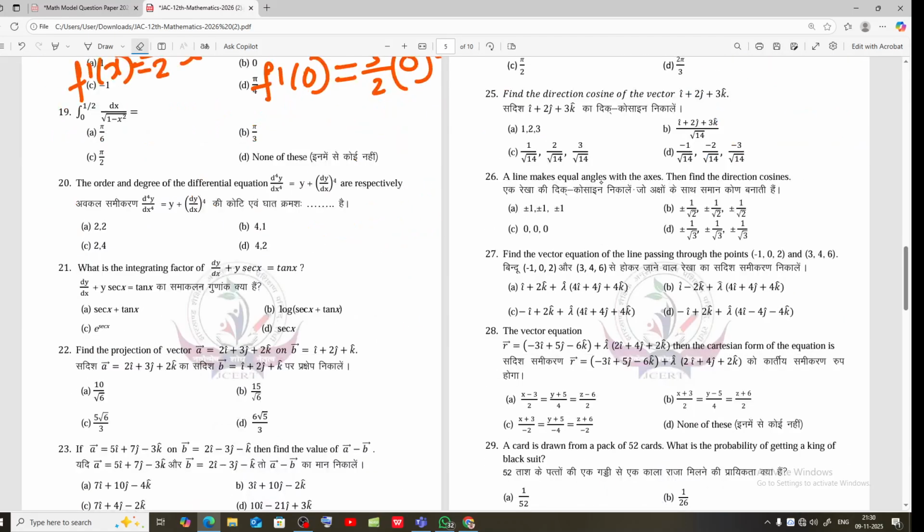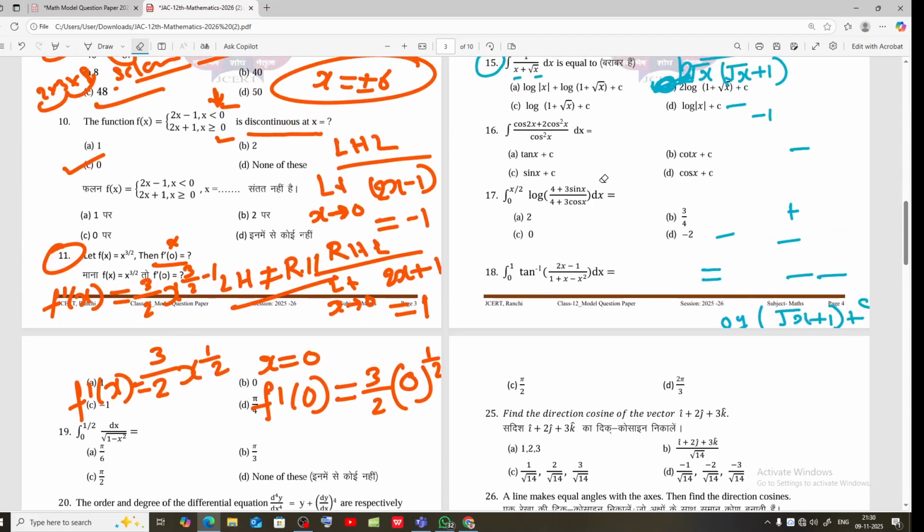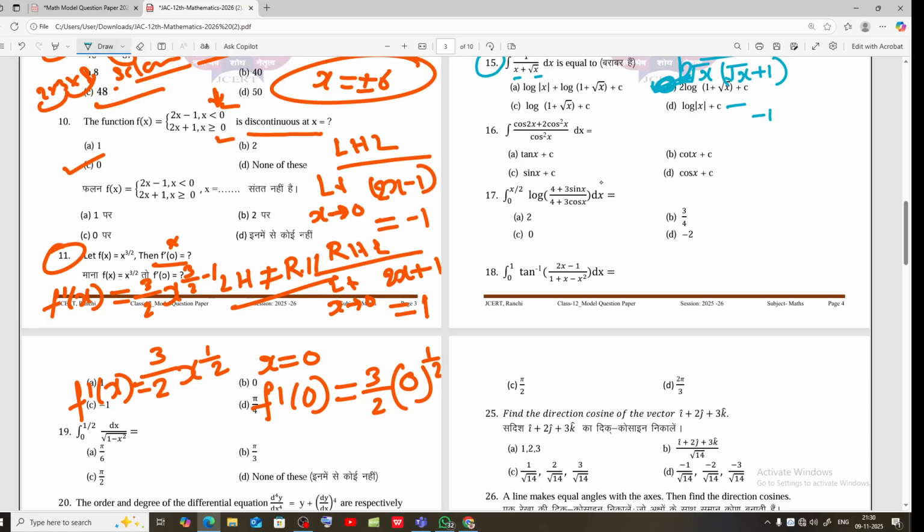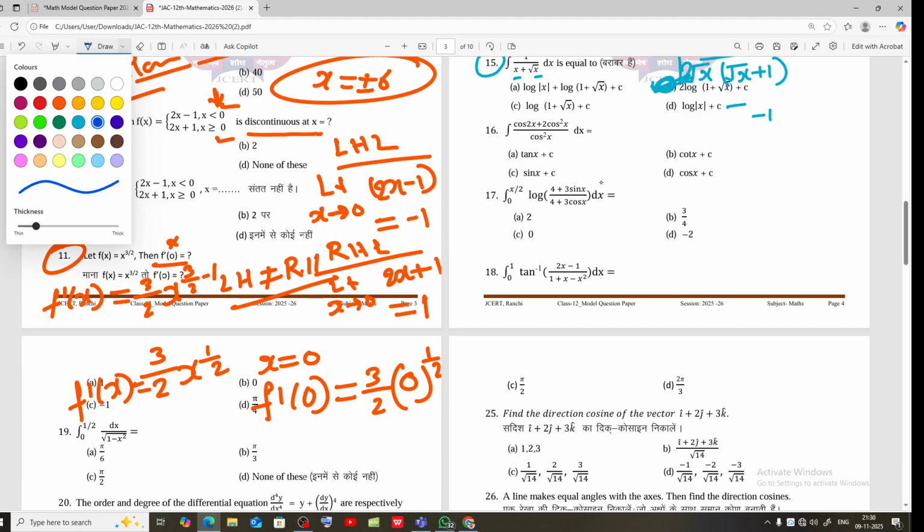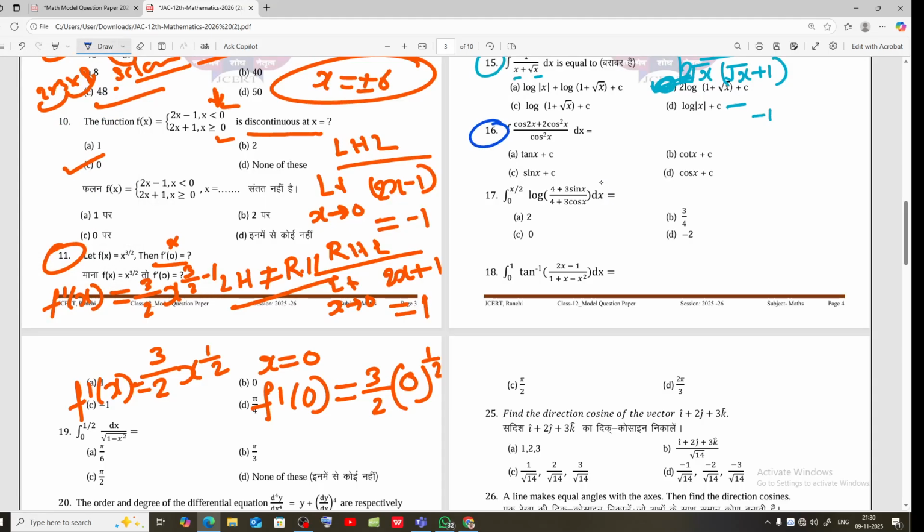Question number 16 is the integral of cos 2x plus 2 cosec square x, divided by cos square x. Equal to what?